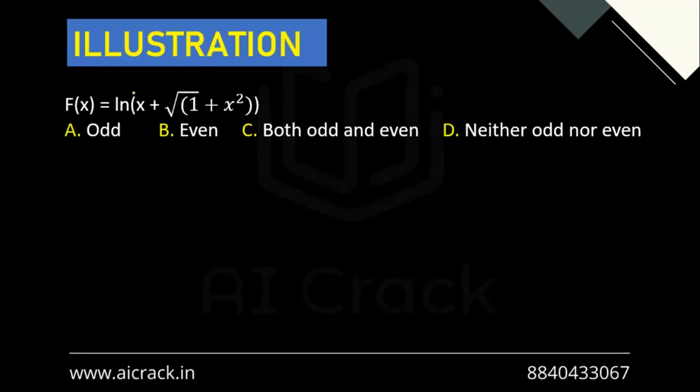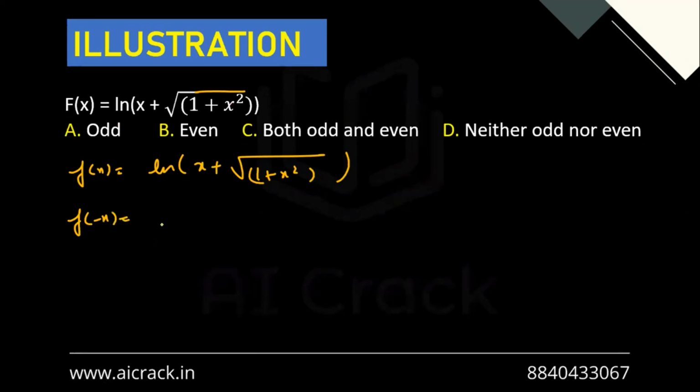Now let us look at one illustration. We have been given f(x) equals ln of (x plus under root 1 plus x square). So this is the whole under root. Now the first step is to write f(-x), right? ln of (minus x plus under root 1 plus x square). This stays the same because it's x square.